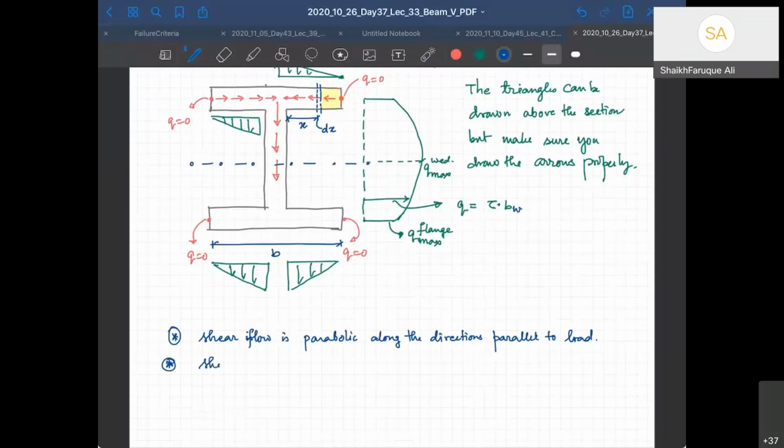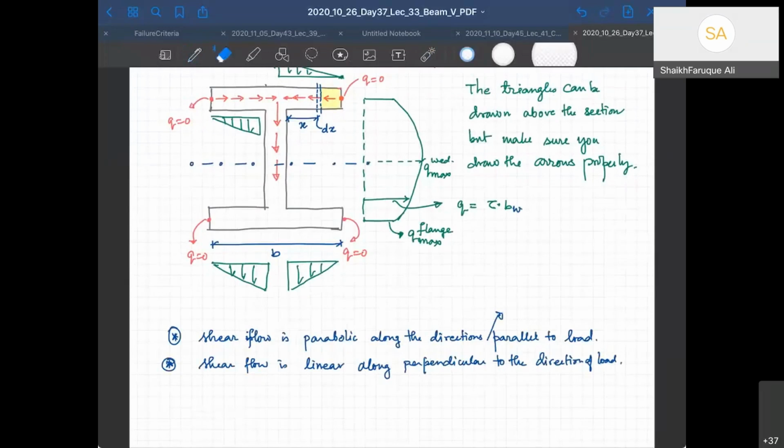Shear flow is linear along the direction normal to the direction of the load, perpendicular or normal to the direction of load. Parallel or inclined to the load.